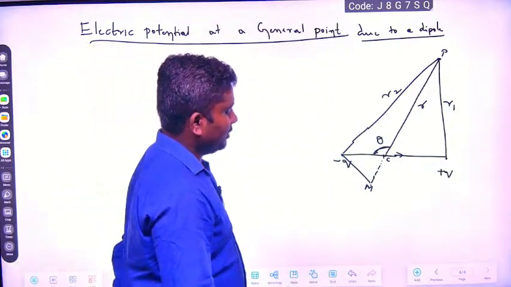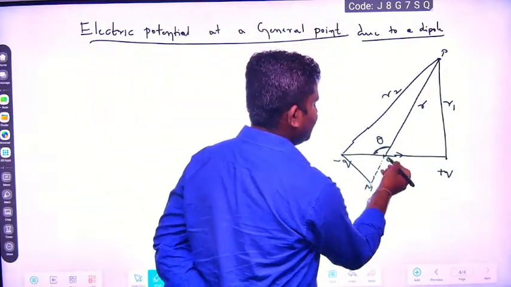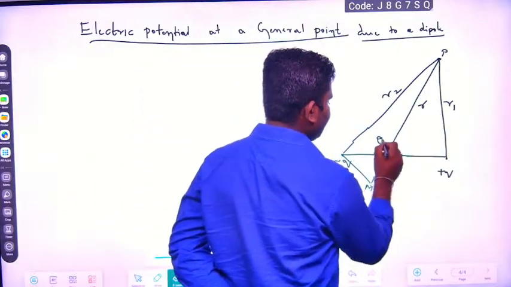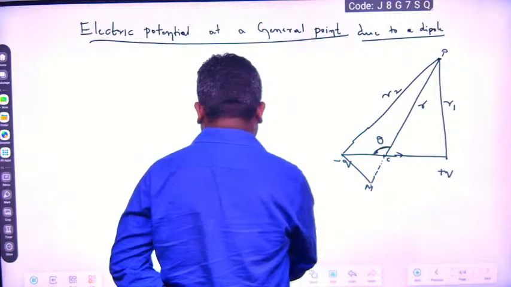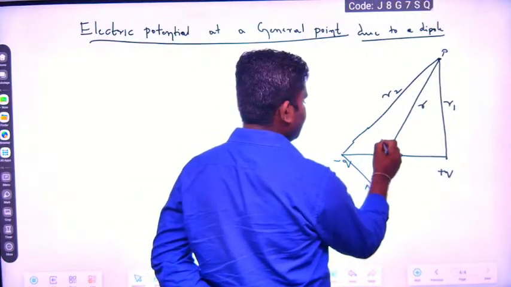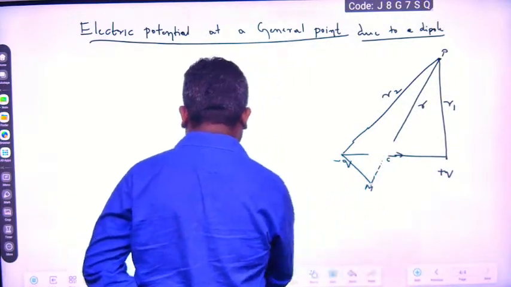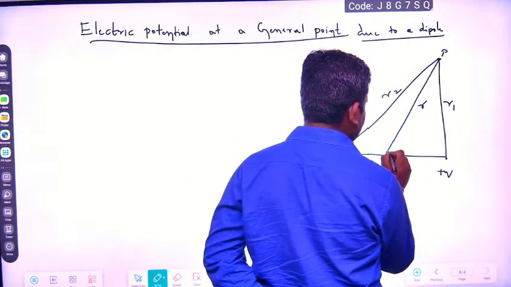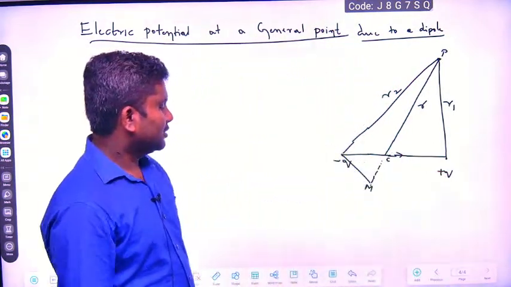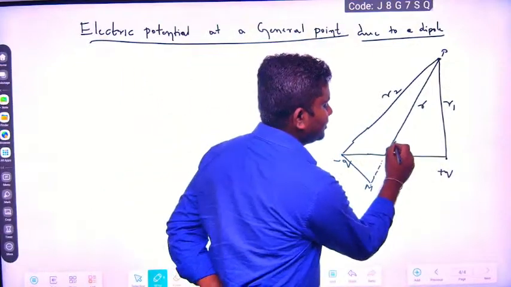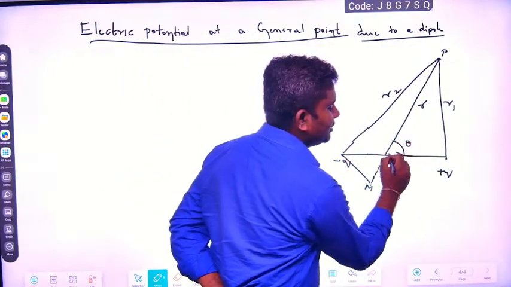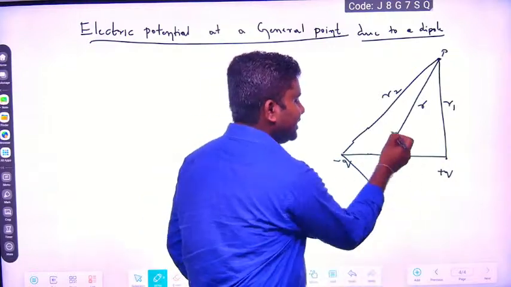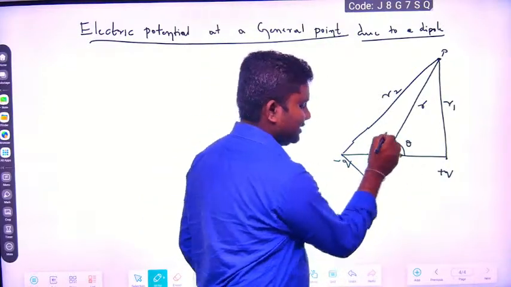Don't be confused. This is the center. So what I am saying is, this point makes an angle theta with the horizontal line, the dipole axis. If this is theta, this is also theta.